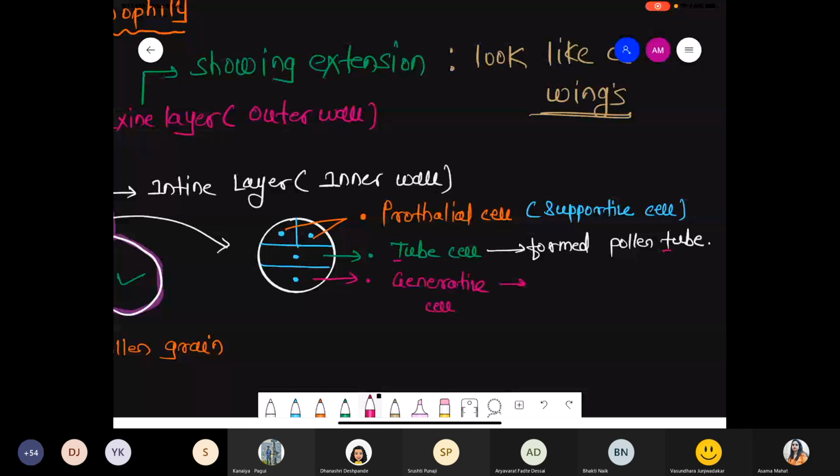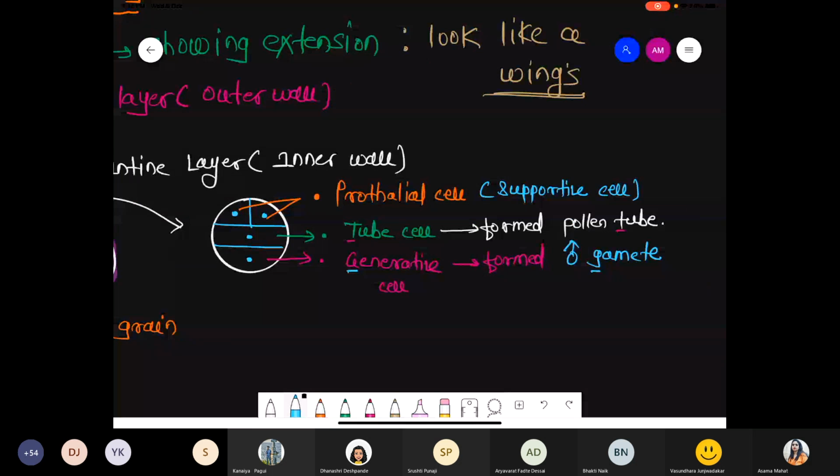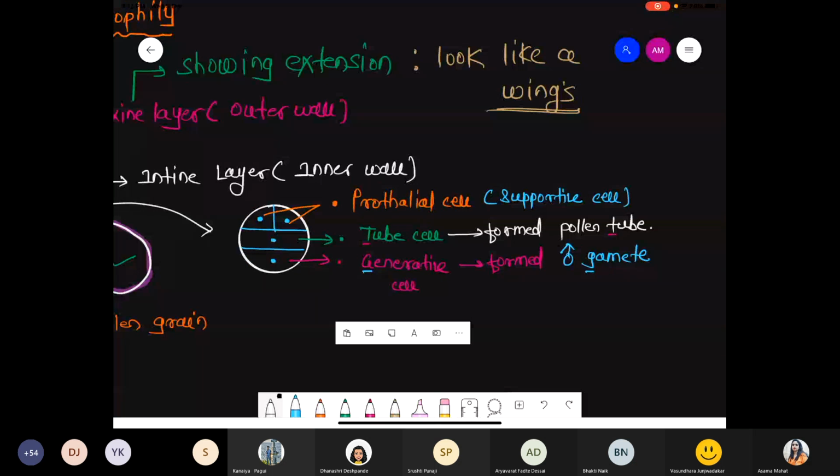Okay, so quickly I'm repeating this part. Listen carefully. We are talking about the typical structure of the pollen grain. Clearly हमने यहाँ पे mention किया, pinus pollen grain has two walls, but the outer wall shows extension, and due to that extension it appears as a wing-like structure.